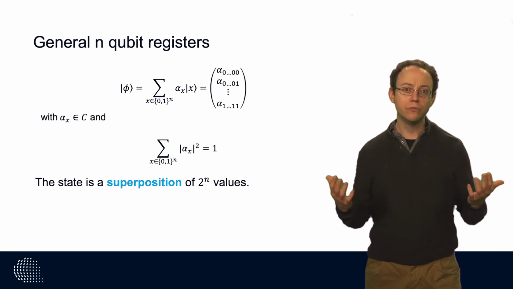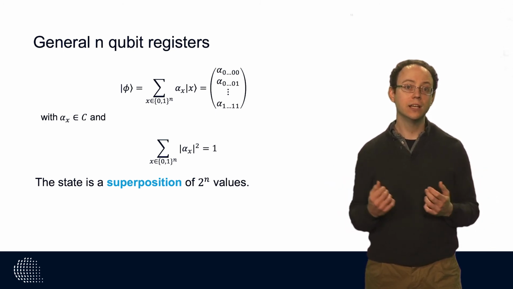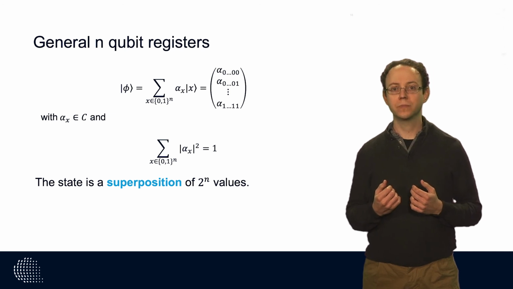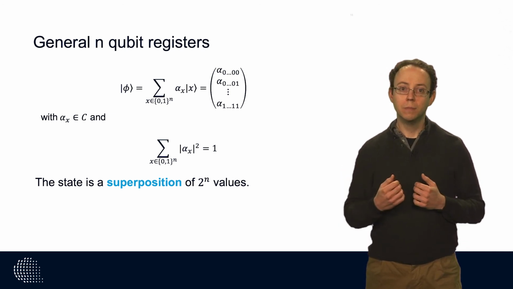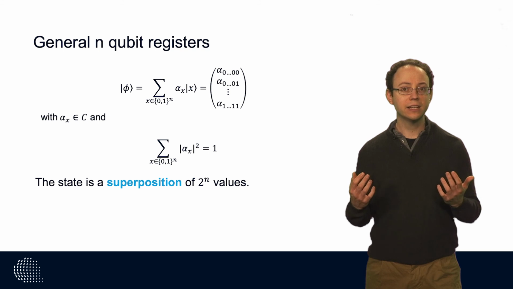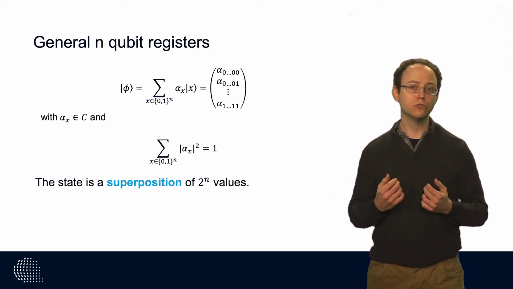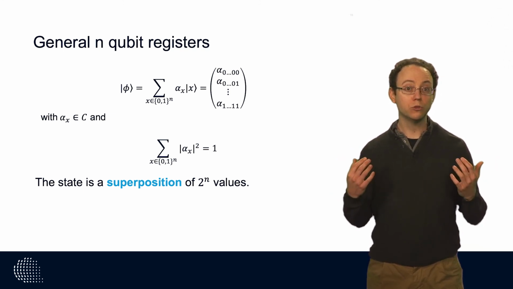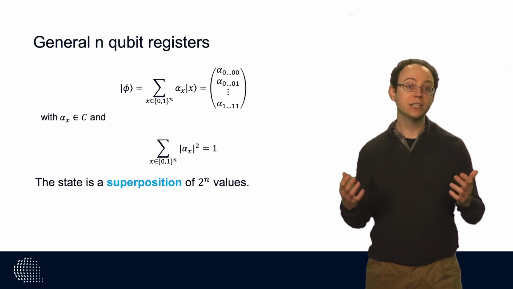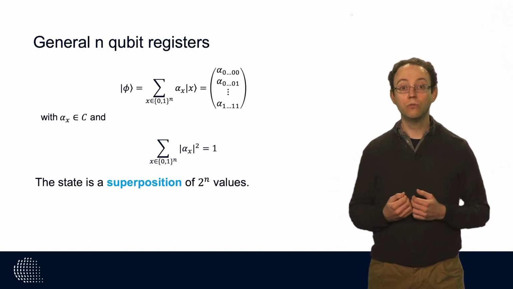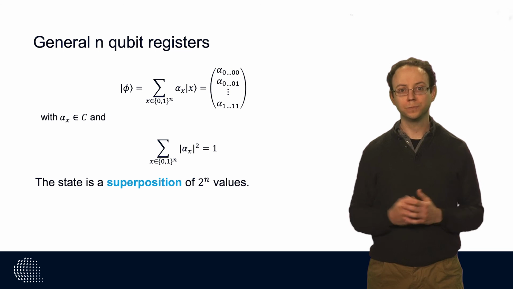The number of coefficients grows exponentially with the number of qubits. This is hard to picture, but we can get an idea by thinking that even the most powerful supercomputer would not be able to store the state of an arbitrary quantum register of 200 qubits.